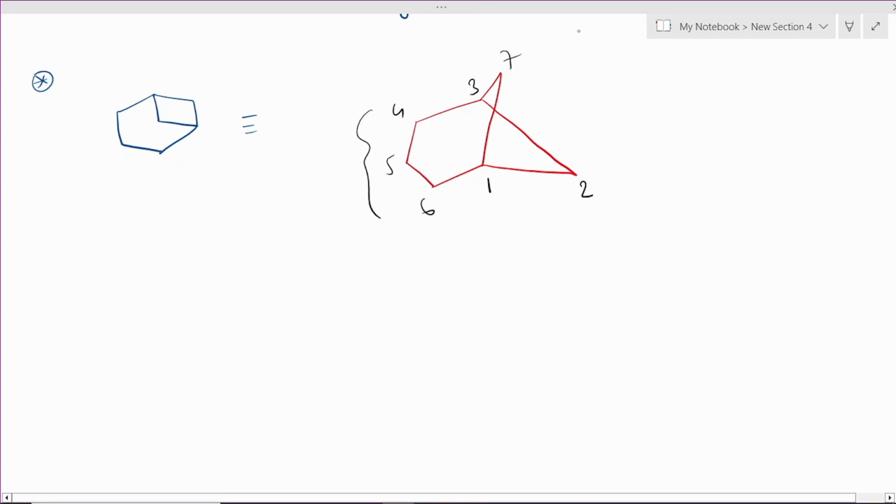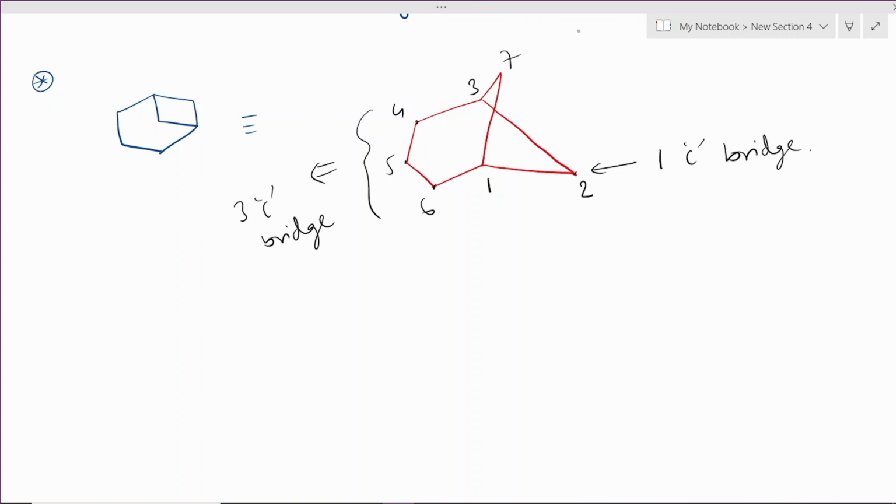Now we can see that here 1, 2, 3, 3 carbon bridge is there, and here 1 carbon bridge is there, and here also 1 carbon bridge. So the name will be bicyclo[3.1.1] heptane.